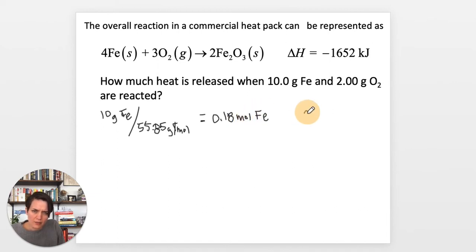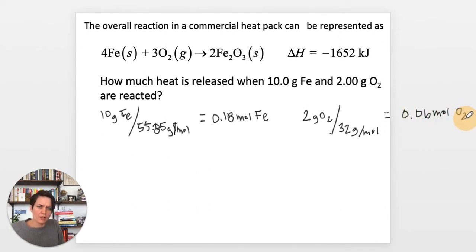Then we have our 2 grams of oxygen divided by 32 grams per mole. Okay, so now we know the amount of moles that we have, which is important because that's the only way that we're going to be able to get anywhere, right? Because that's putting them on the same scale.